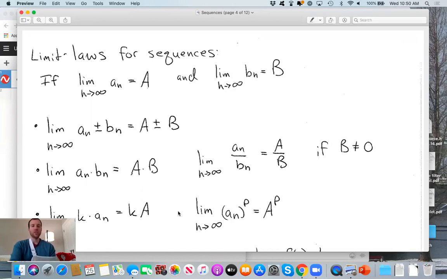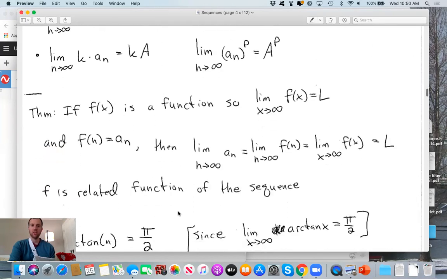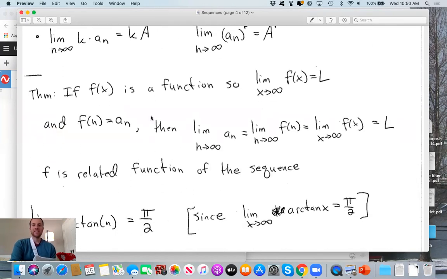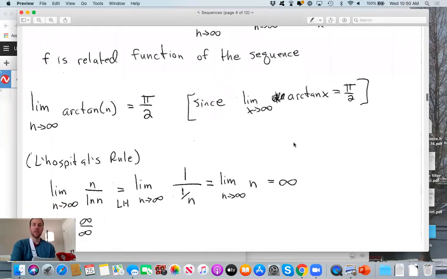There are limit laws, which are really similar to the ones we talked about for functions. And in most cases, where the limit of the function exists, you can use that same thought process to deal with the sequence that you would get. In particular, that means rules like L'Hopital's rule and the squeeze theorem still apply.